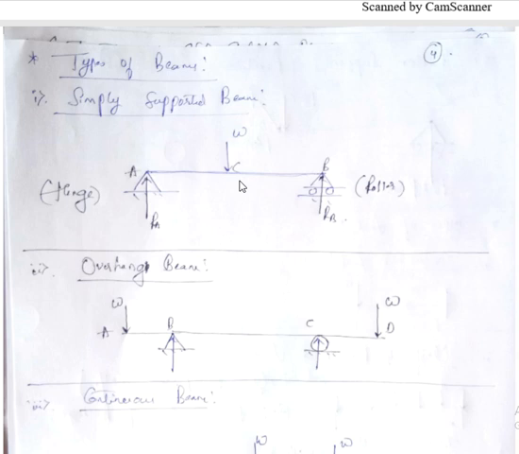That also you can consider as a beam. Or if you consider the flyovers or the bridges, that also you can consider as a beam, because when the vehicle moves over the flyover, the weight of the vehicle acts in the transverse direction to the beam.